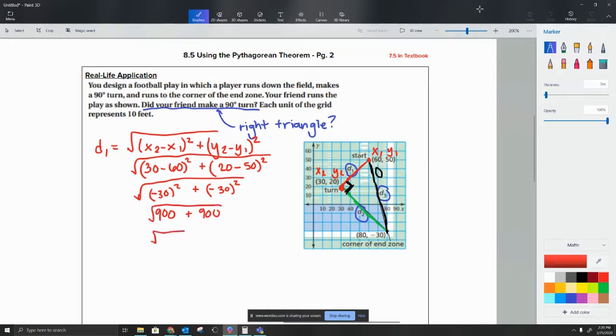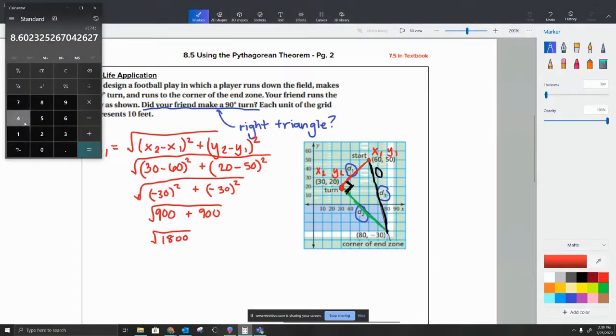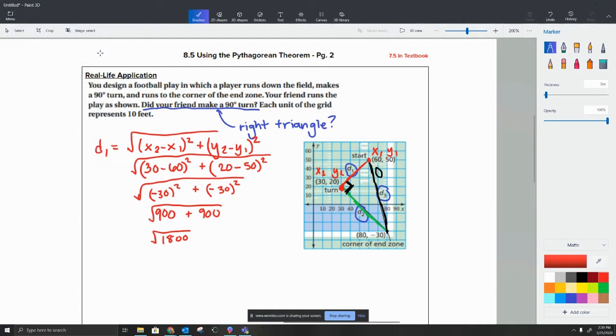And so that comes out to be the square root of 1800, which I believe is an imperfect square, but let's just double check. It is. So we're going to just leave it like this for now. So your friend ran the square root of 1800 feet. Okay, feet.